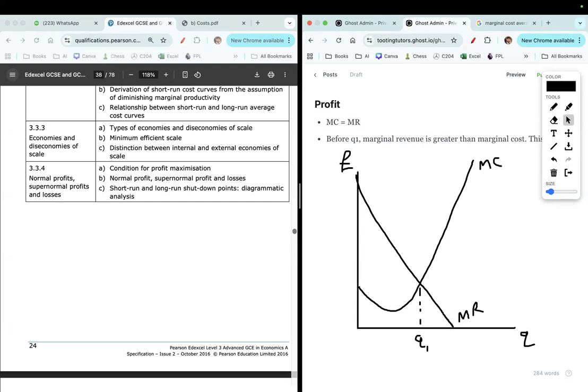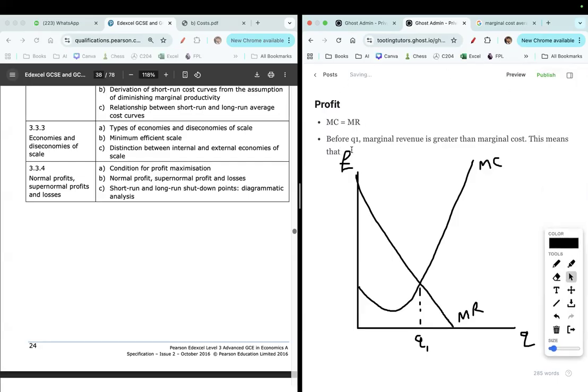This means that each additional unit of output would add more to total revenue than it does to total cost. Therefore, it makes sense to increase output.